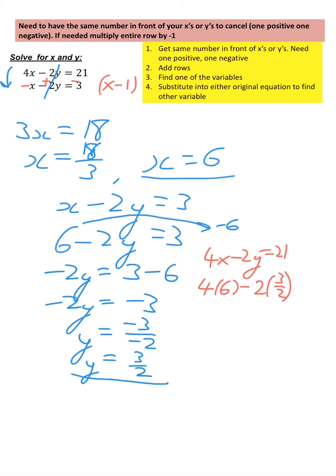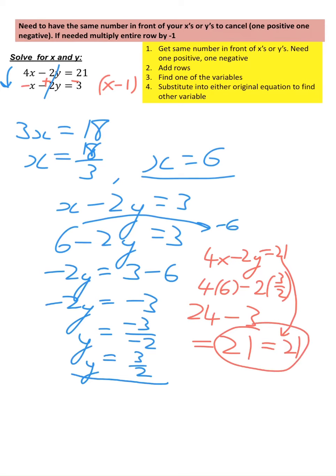For 4 times 6, that is going to be 24. And then minus 2 times 3 over 2, that will be minus 3. So 24 minus 3 is going to be 21. And you can see that the right hand side of the equation was also 21. So yes, I am correct.